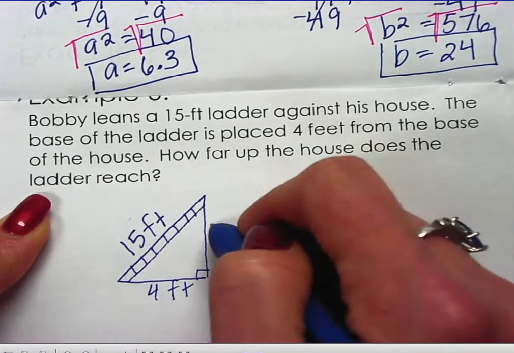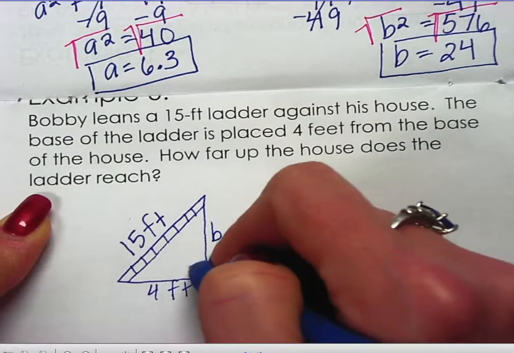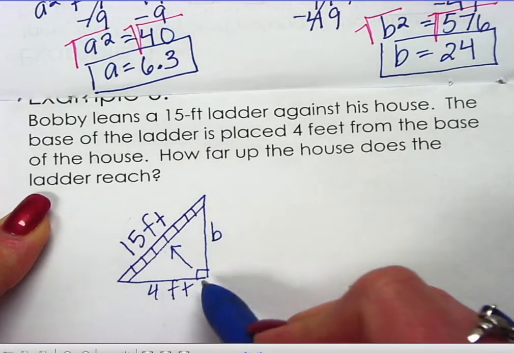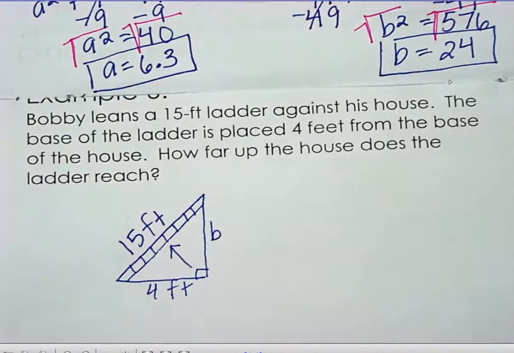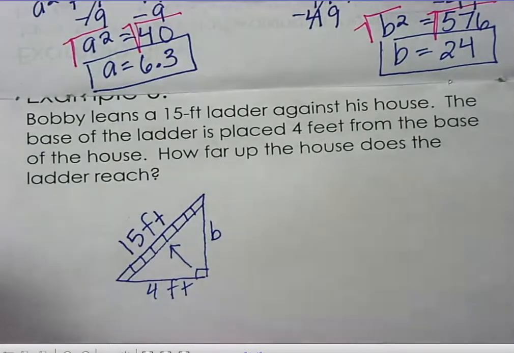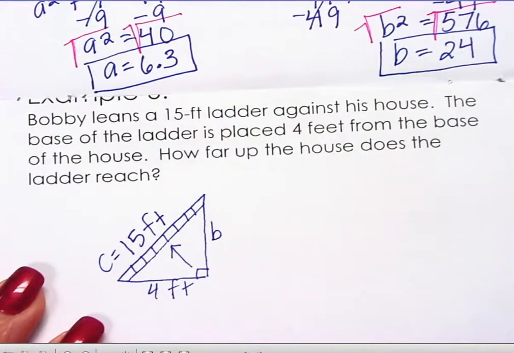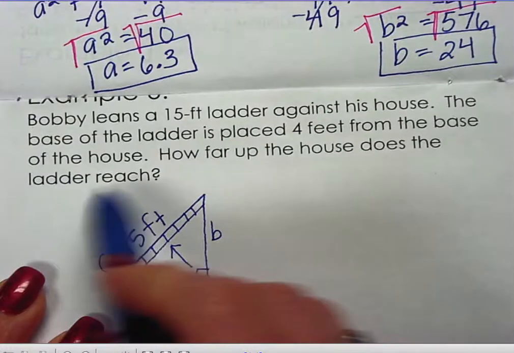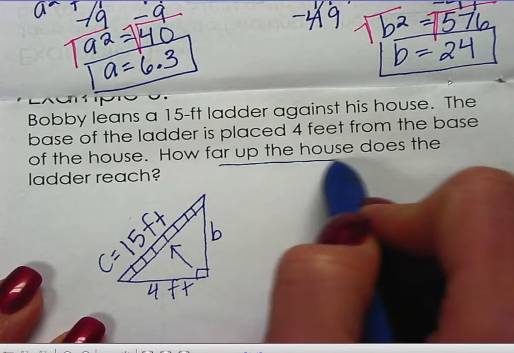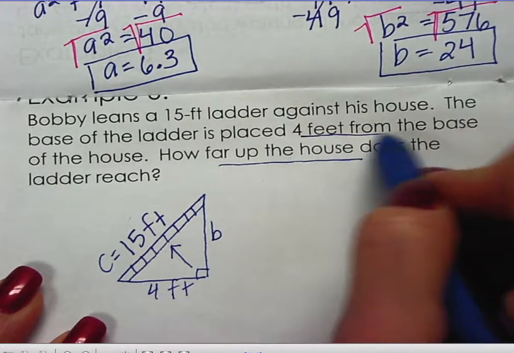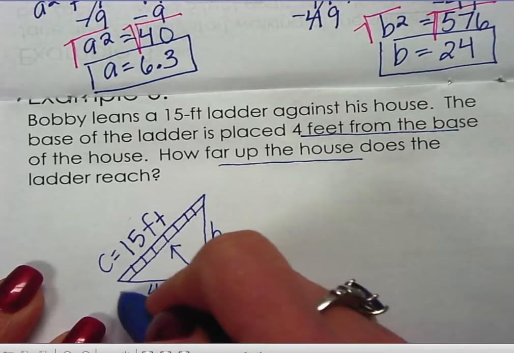Okay, so I'm going to go ahead and label this B, because you notice our ladder is going to be the distance across the hypotenuse. So that means our C value is equal to 15 feet. Our B value is the distance how far up the house, that's B, and then 4 feet from the base, that's our A value.